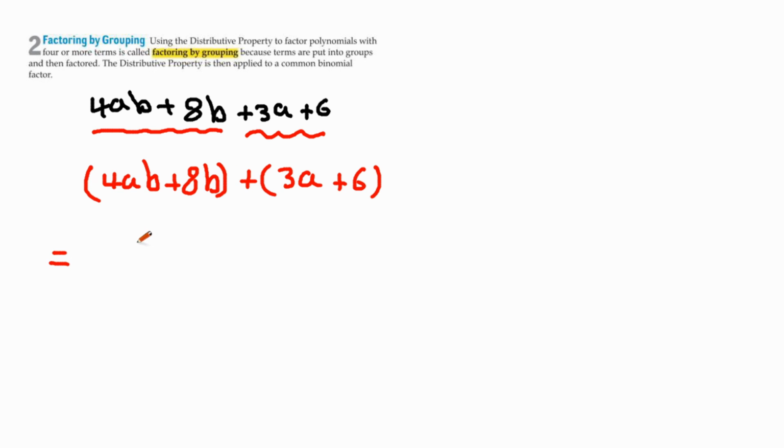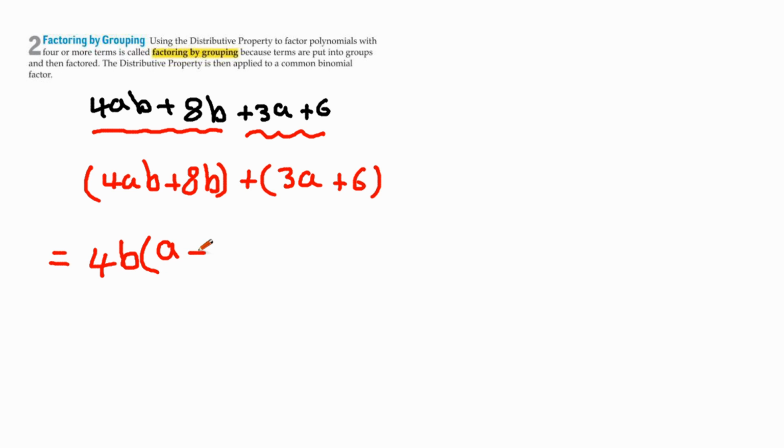Now, let's take off the common factor of each group. The first one, the greatest common factor between 4 and 8, as we did before, is 4. And for the letter a, it is not common; b is common, so I will take off b. Now, what is the remaining factor?